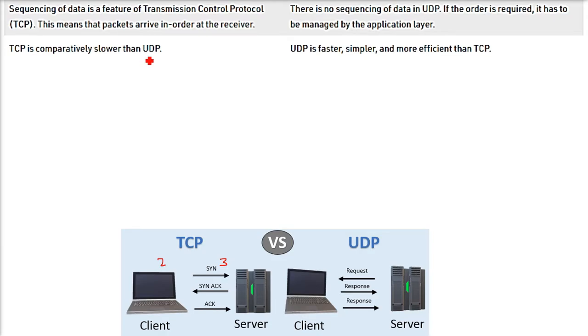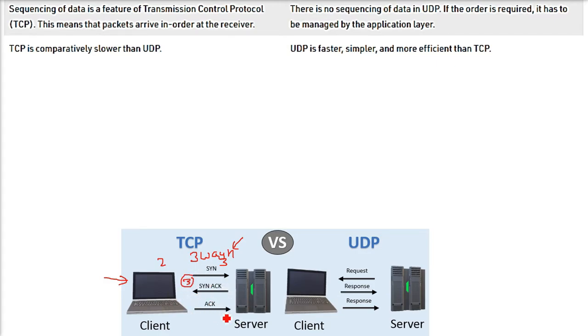TCP is comparatively slower than UDP. UDP is faster, simpler, more efficient. Because TCP, first of all, has more overhead, the header. And then there is a 3-way handshake for connection establishment, and there is a 4-way handshake for termination also. So for every transmission, there are extra things to be done.